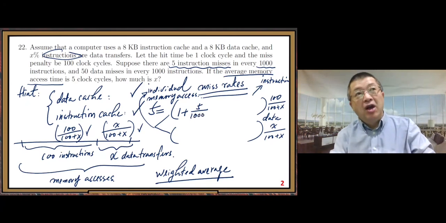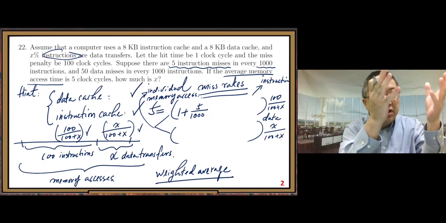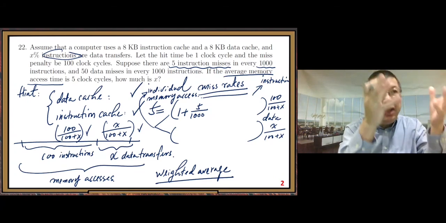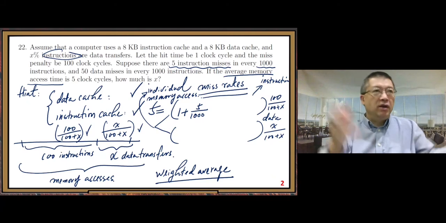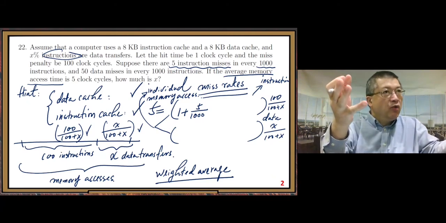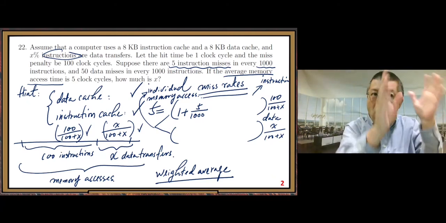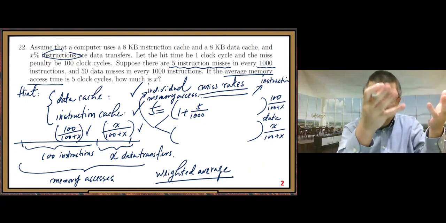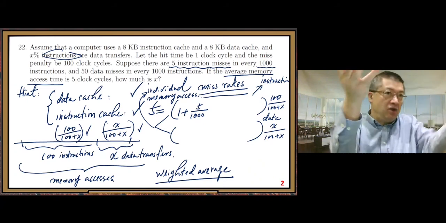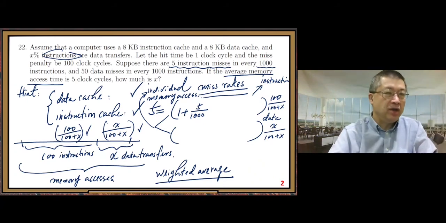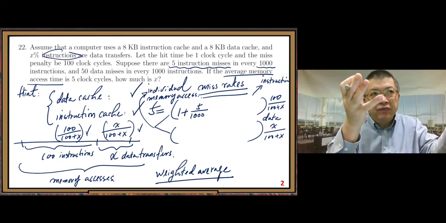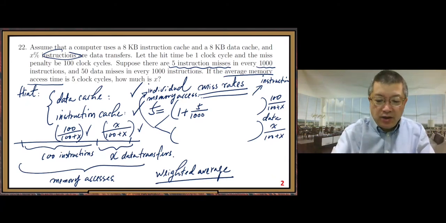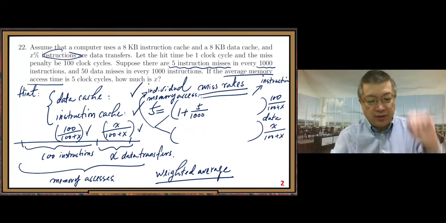Because this cache can only take instructions, no data, so the denominator counts only instruction-type memory accesses.